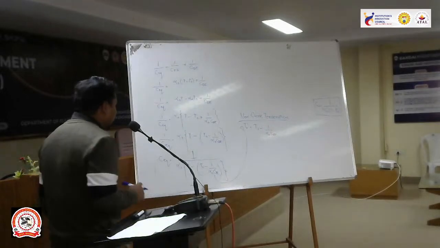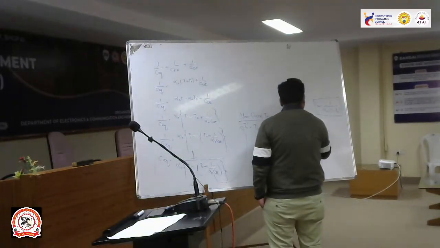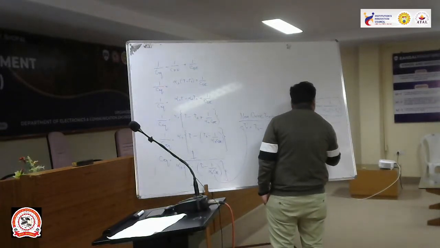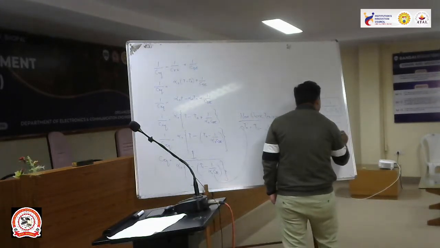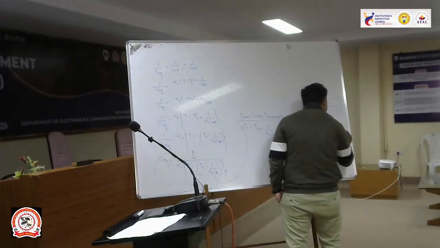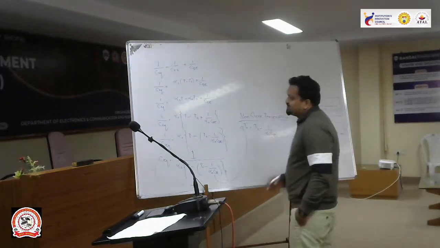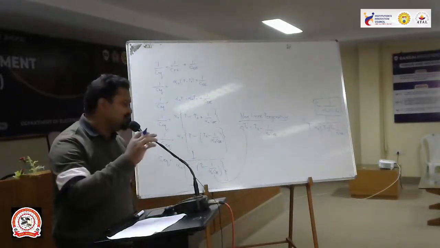So this expression also we need to note. C equivalent equals 1 upon alpha naught (T minus T naught minus 1 upon alpha naught CDE), and this is the new Curie temperature. So at present I am explaining everything, then I'll show everything in the tool.